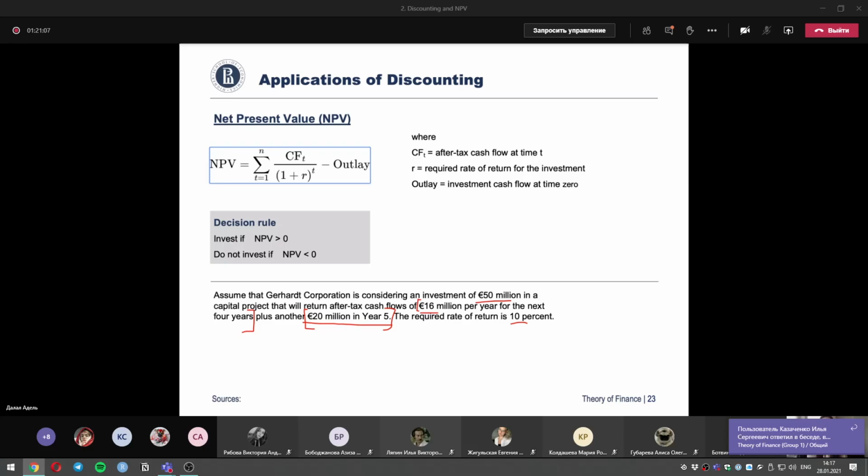NPV shows us the profitability of the project. If NPV is $5 million, that means that we earned $5 million on top of our investments and on top of this opportunity cost of capital.